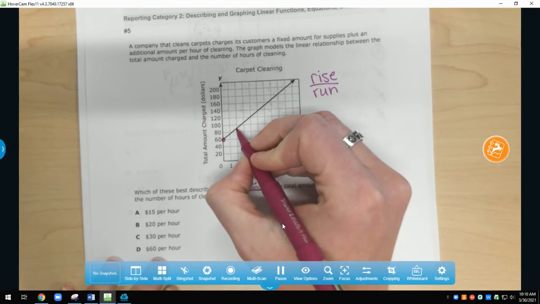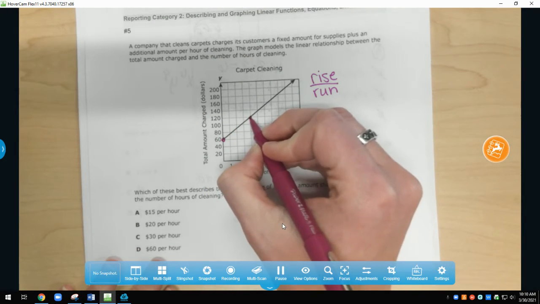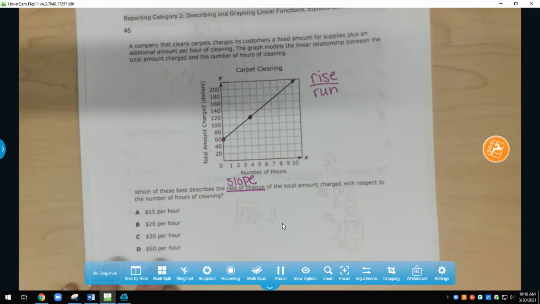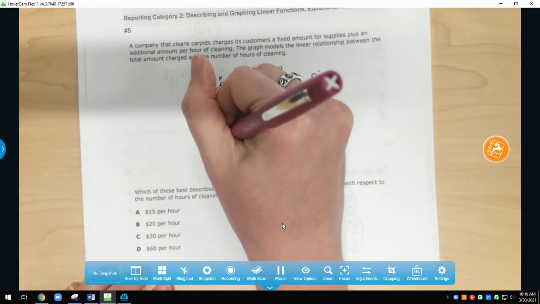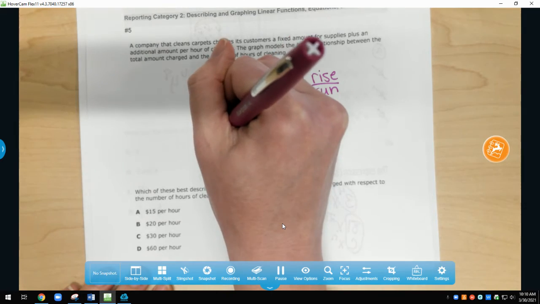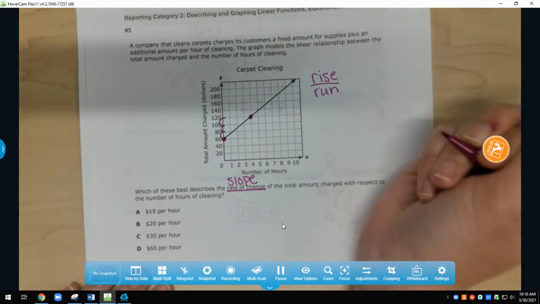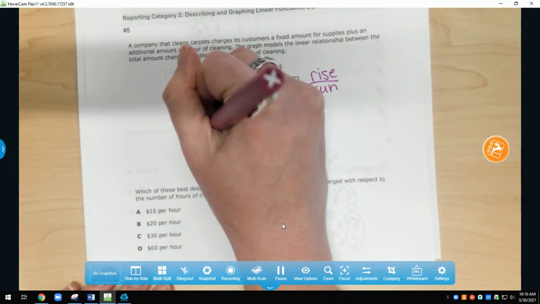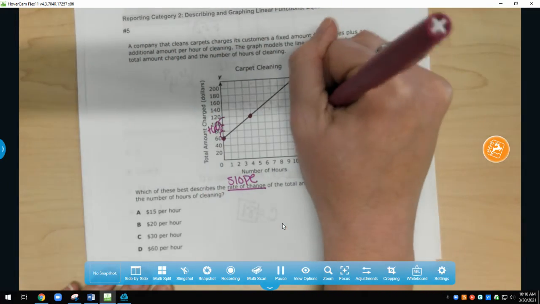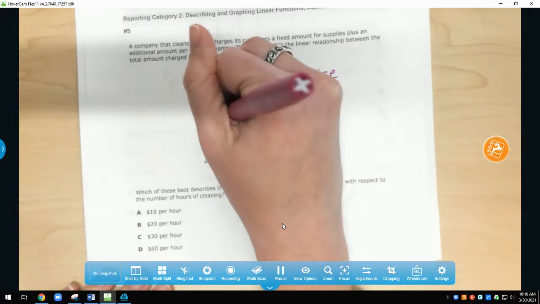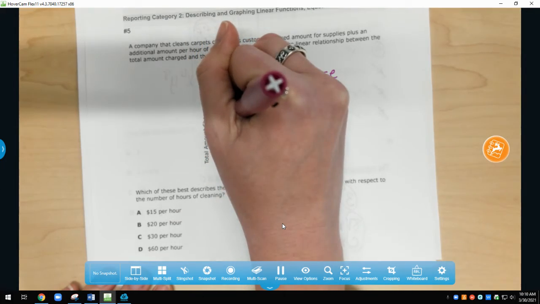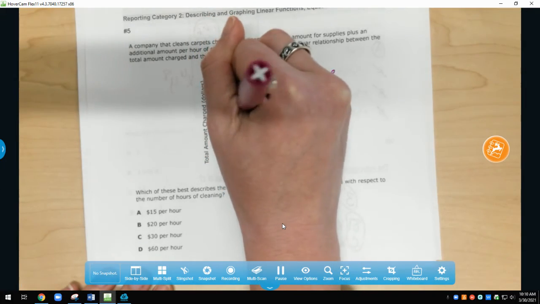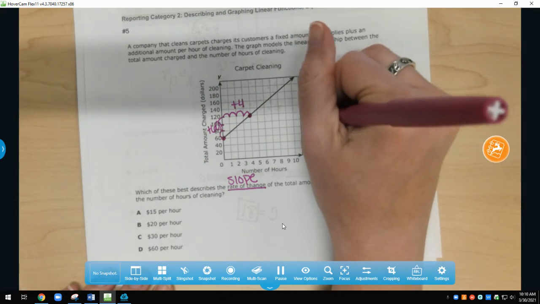I'm going to start with this one. That one's not good, that one's not good, that one's not good, and we can go to this one. So we're going to start with this bottom point, and we're going to go up 1, 2, 3 spaces, but each one's going up by 20. So technically I went up by 60. Then I'm going to go over 1, 2, 3, 4, and I went to the right, so it's going to be positive.